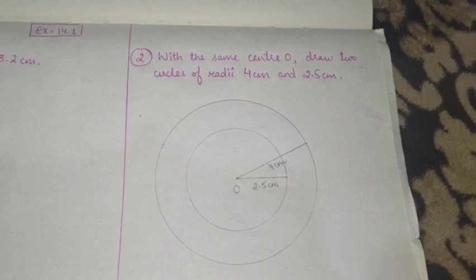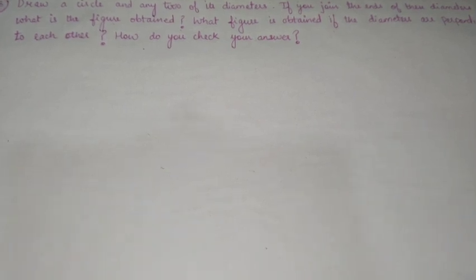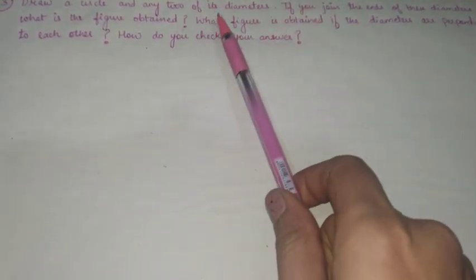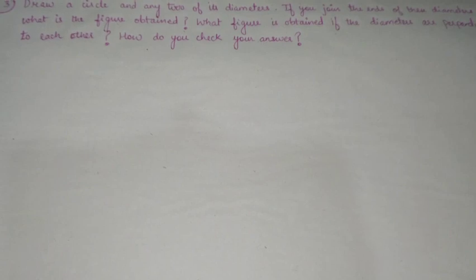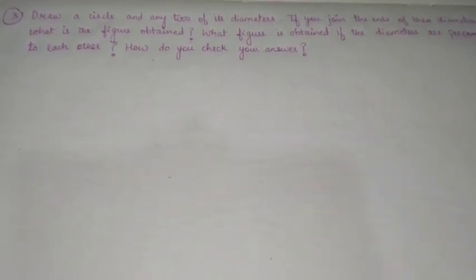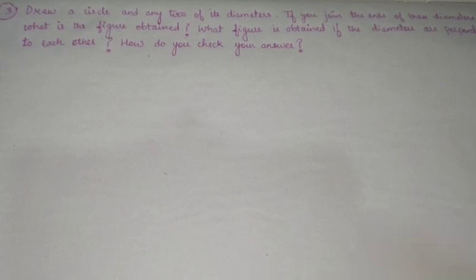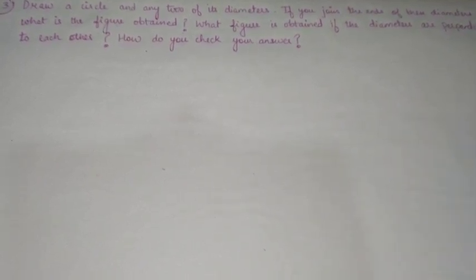Let's move on to question 3 now. Question 3 says, draw a circle and any two of its diameters. So here you can draw a circle of any radius. Any specific radius is not mentioned here. And then you are supposed to draw two of its diameters.